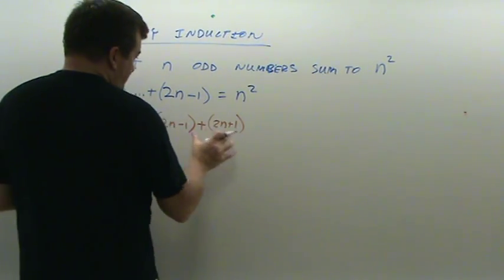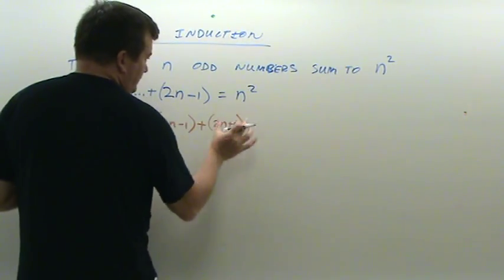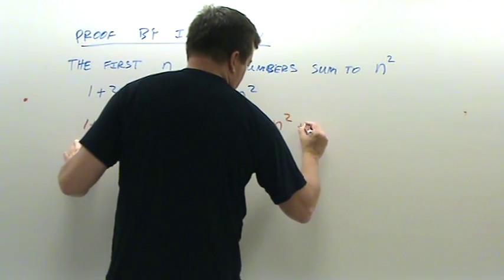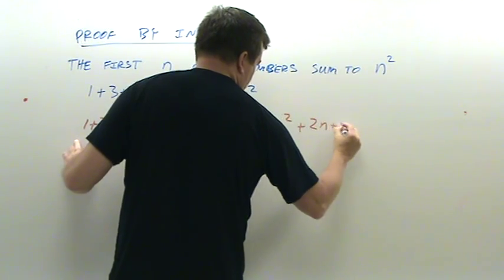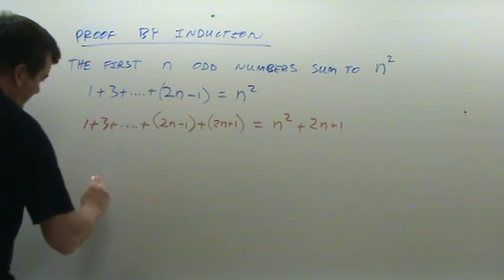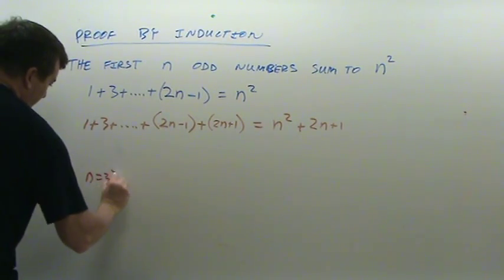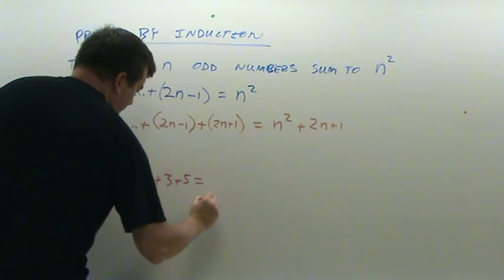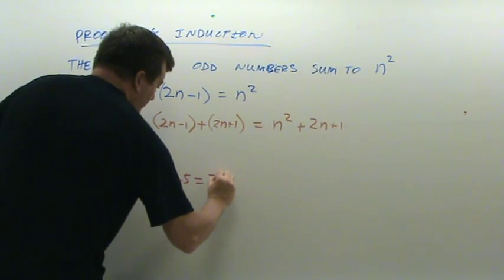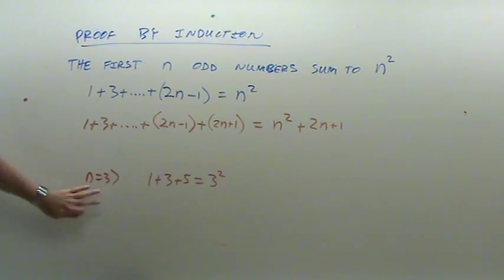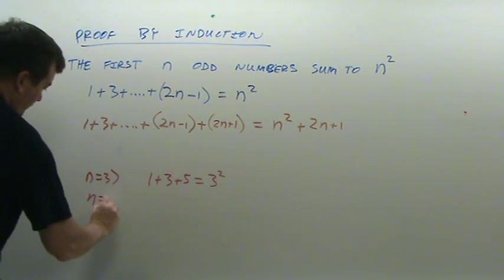And then if we add this to the number, we also have to say this should be equal to n squared plus 2n plus 1. Let me do an example of that. Suppose we had n equals 3. Then 1 plus 3 plus 5 equals 3 squared. Now we're saying if this is true for 3, what about the case for 4, when n equals 4?